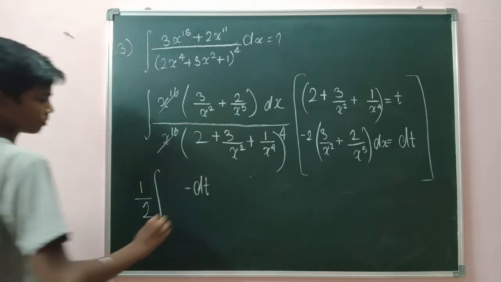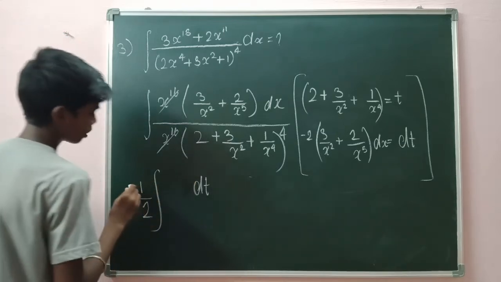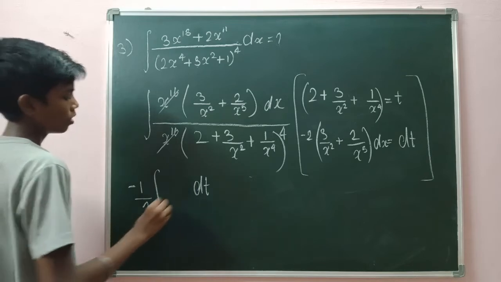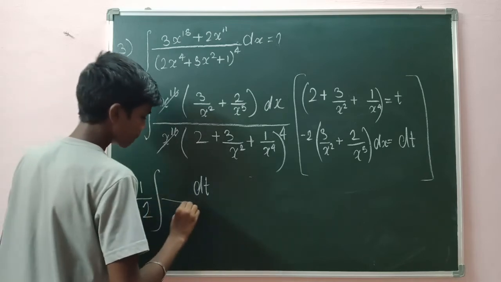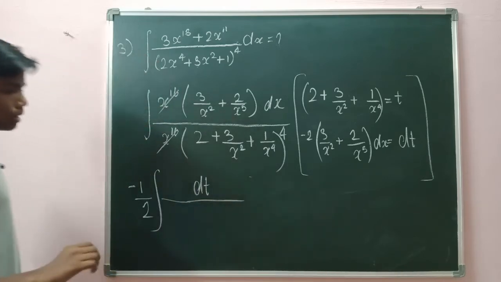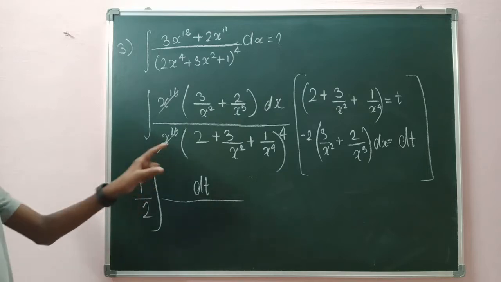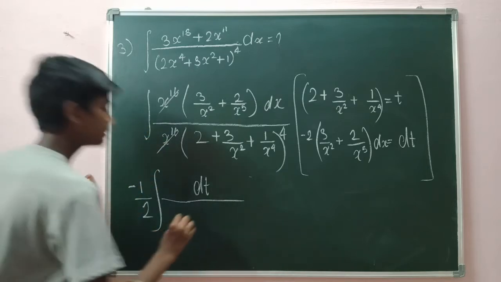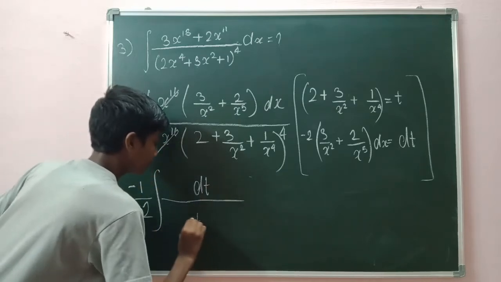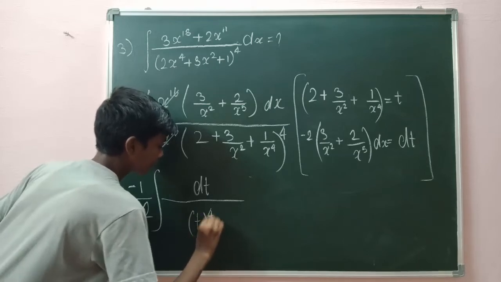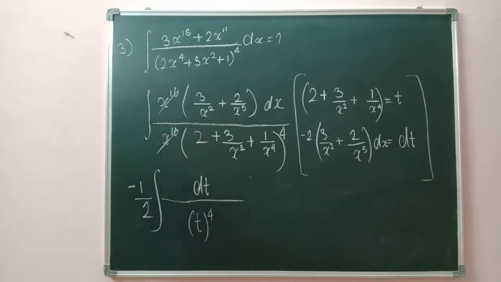Then I can take the minus outside, minus of 1 by 2 of the integral of dt over t power 4, since 2 plus 3 by x square plus 1 by x power 4 is t. Okay, I hope that is very clear.